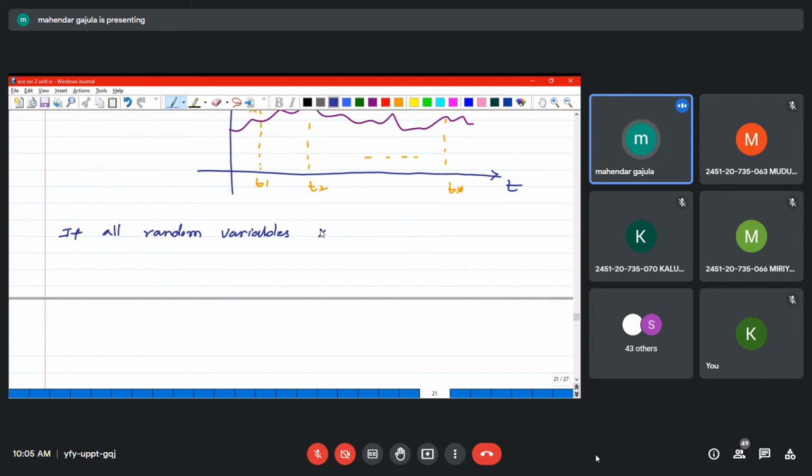It's a random process, so let me write x(t1). x(t1) is nothing but x1 only, x(t2) up to x(tn). So these are all the random variables from the random process x(t). These are jointly Gaussian.